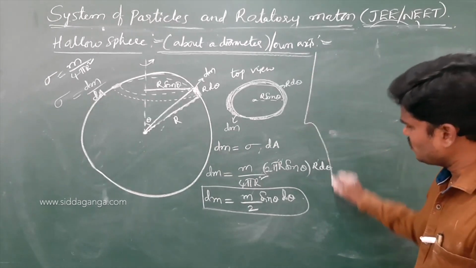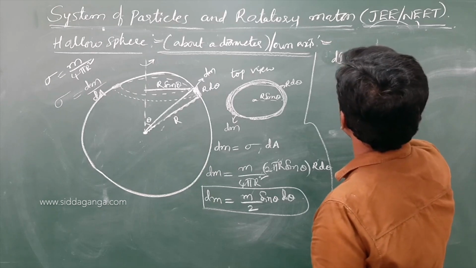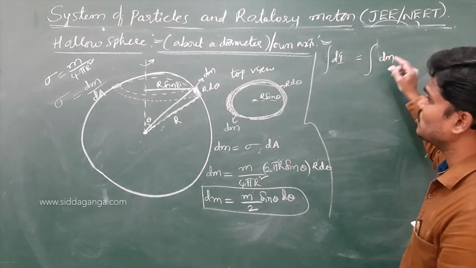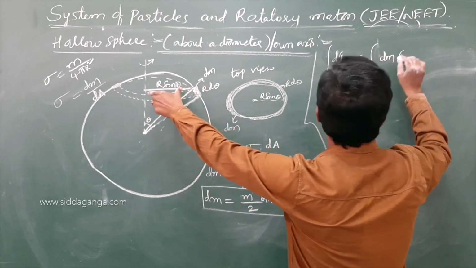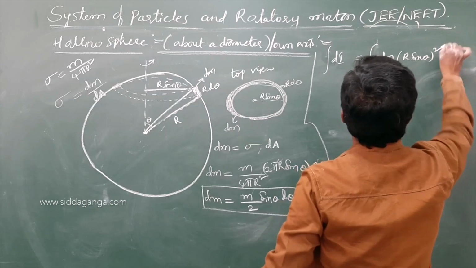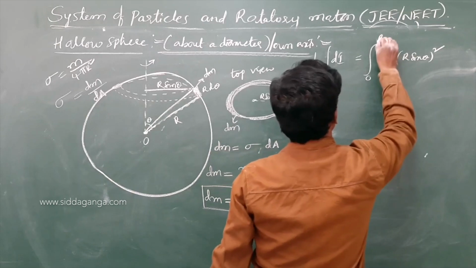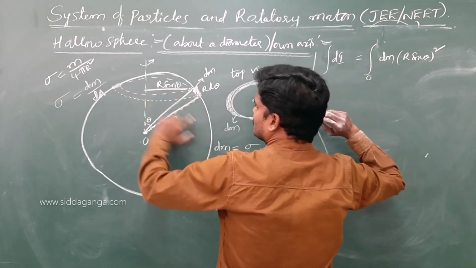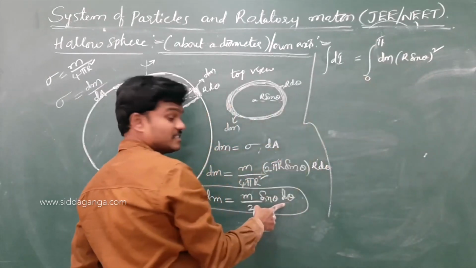Now the target is to find the moment of inertia. dI is equal to dm into the perpendicular distance squared, R sin theta square. The limits: if I take the right side part, the left side part also covers, so from here to here the limits are 0 to pi because d theta is there.